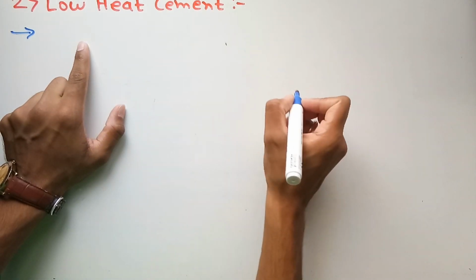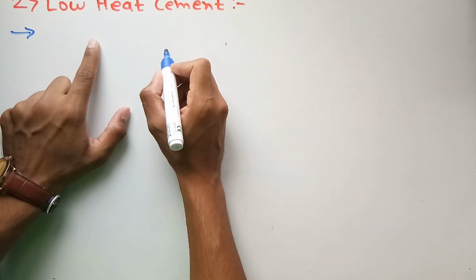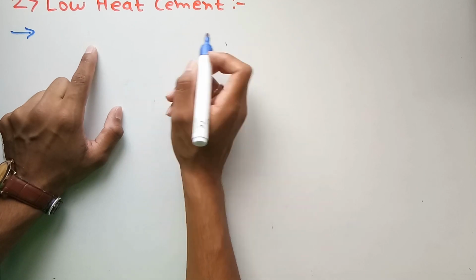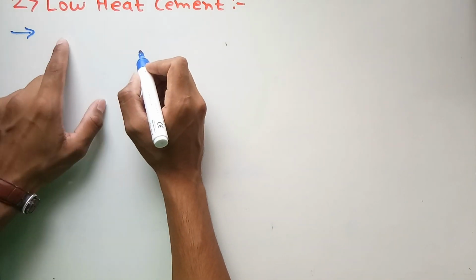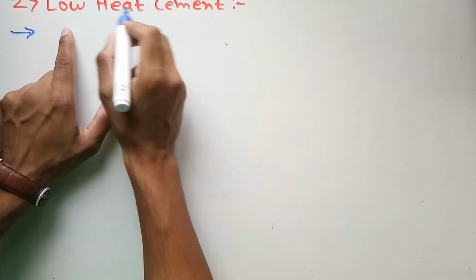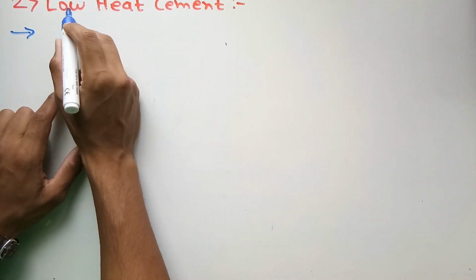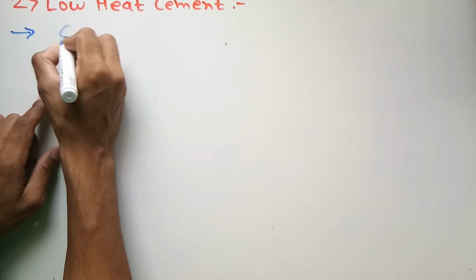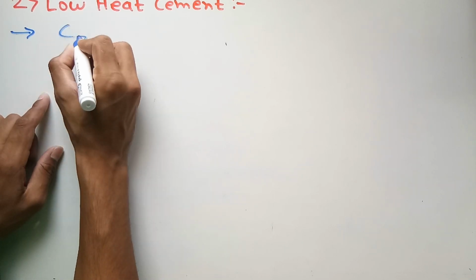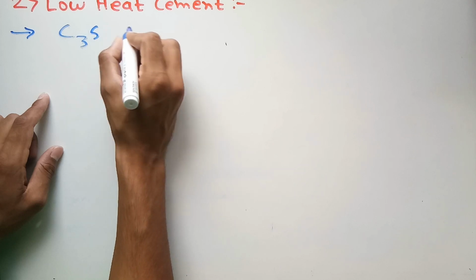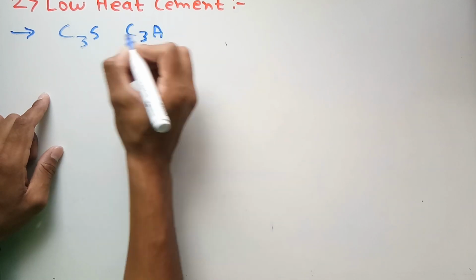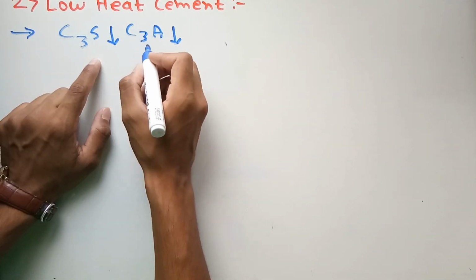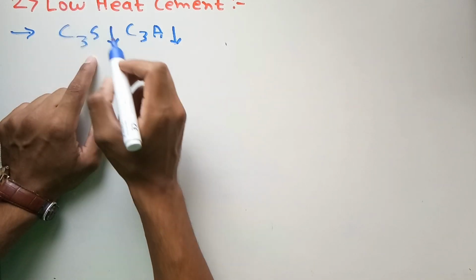Now we have learned about the Bogue compound, how to arrange the Bogue compound to attain the early strength or later strength. On the basis of that, directly we will write the composition of the low heat cement here. To achieve the low heat cement, whatever the proportion of tricalcium silicate and tricalcium aluminate is kept in the lower content, as both are responsible for the early strength or early heat of hydration.